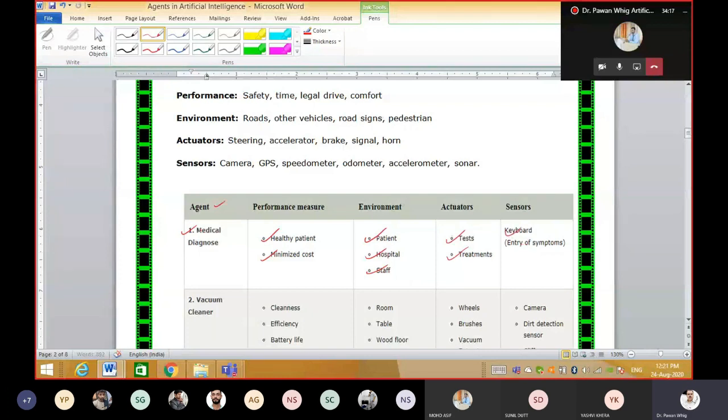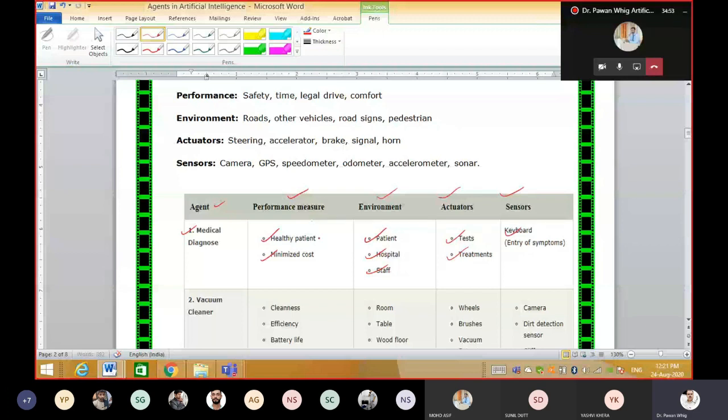So if you design software for medical diagnosis, these four P's you require: sensors, the keyboard as a sensor for entering the symptoms, then actuators, once you have added these symptoms, the tests and treatments are the outcomes, that is the actuator. And the environments are the things in which these are applicable, that is the patient inside the hospital and the staff.